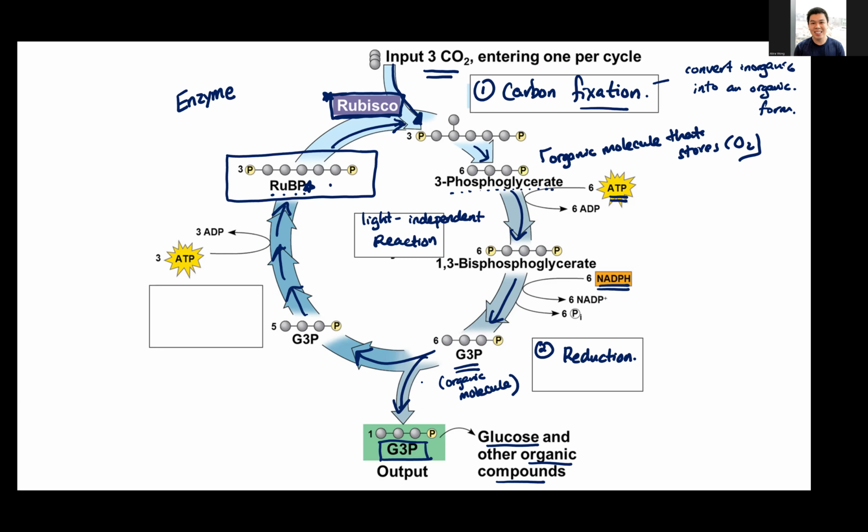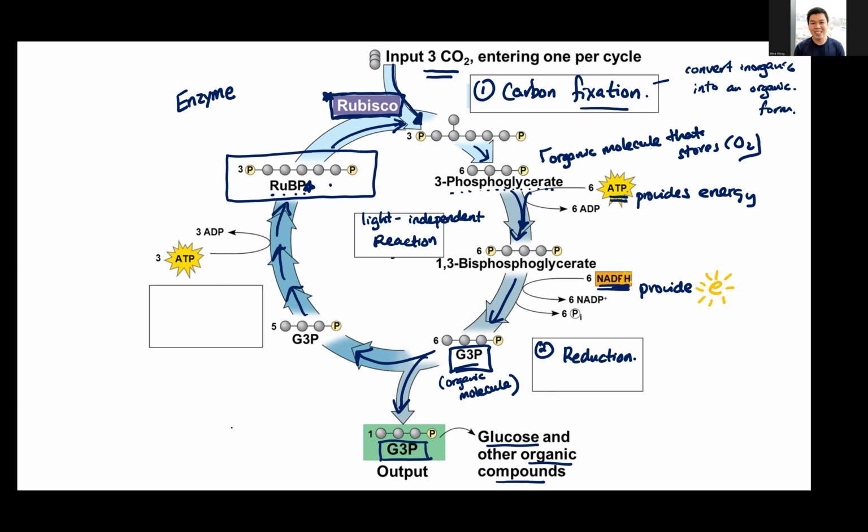Reduction requires the use of ATP and NADPH because ATP provides energy. So that energy is input into G3P. And NADPH is providing that excited electron, right? Remember that electron is high in energy.